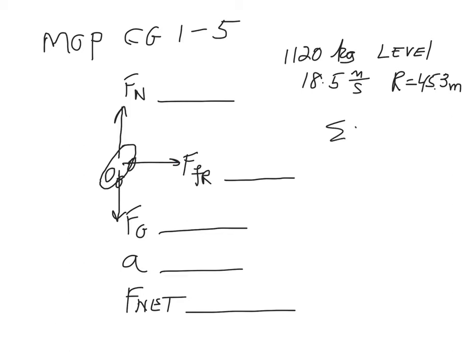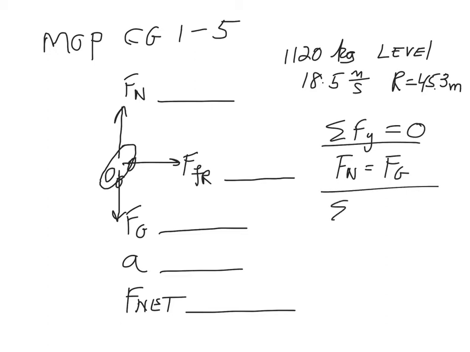And the sum of the forces in the y direction are zero because ma_y is zero. And so from that, we can say that F_norm equals F_g. That's not always true, but in this case it's true. And the net force, the sum of the forces in the x direction, equals the mass times the acceleration in the x direction.